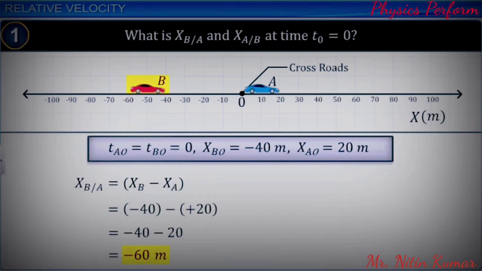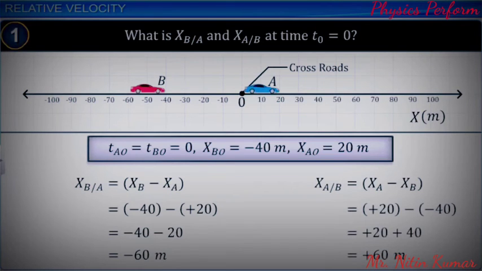Minus sign indicates that the car B is on the left side with respect to A. xA/B is equal to xA minus xB. This is equal to plus 60 meters. Plus sign indicates that the car A is on the right side with respect to B.